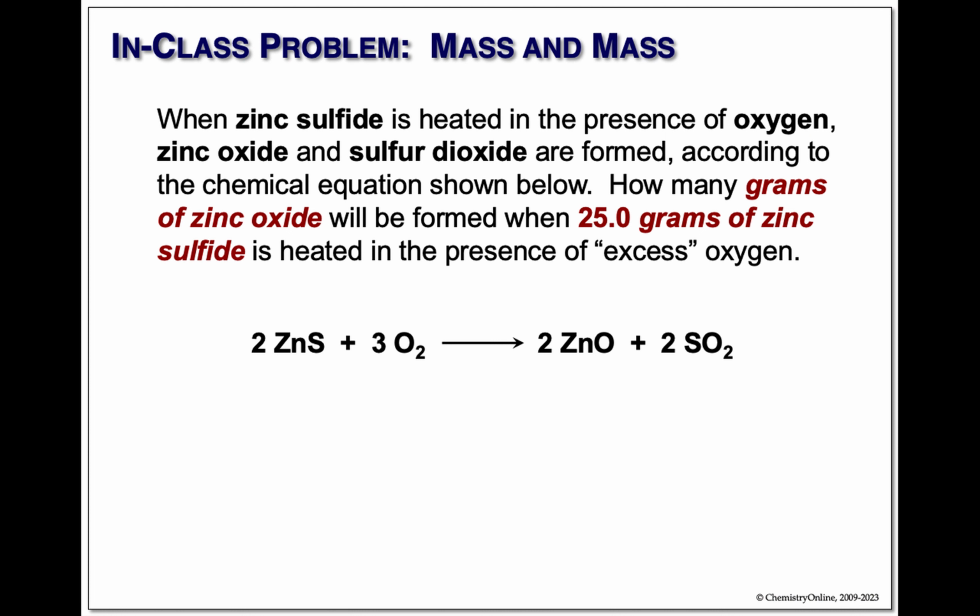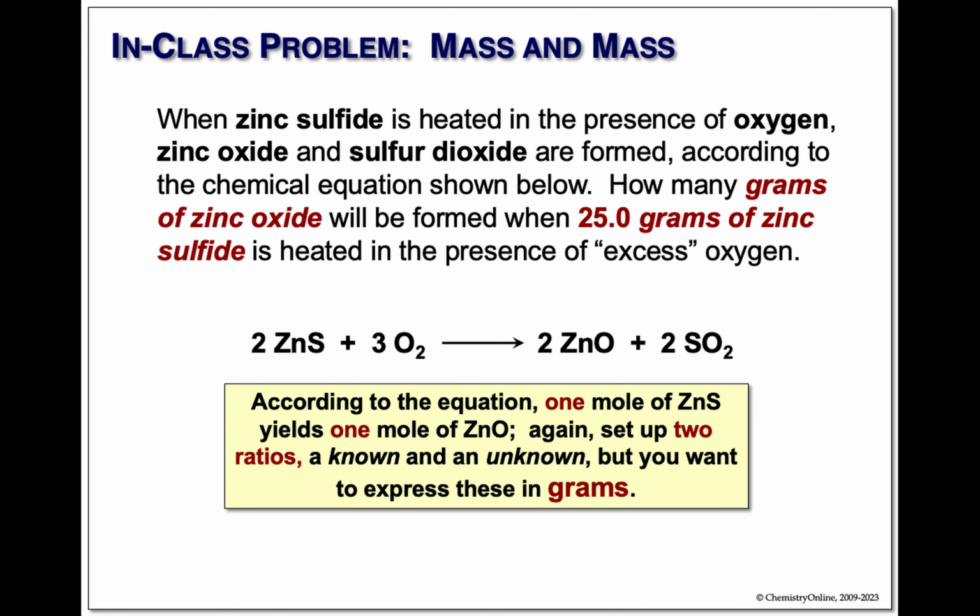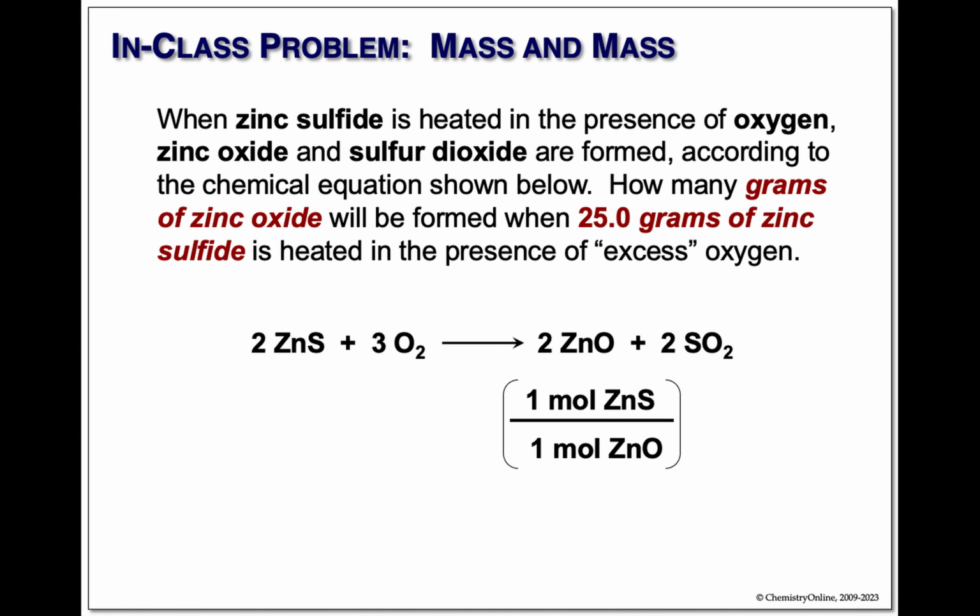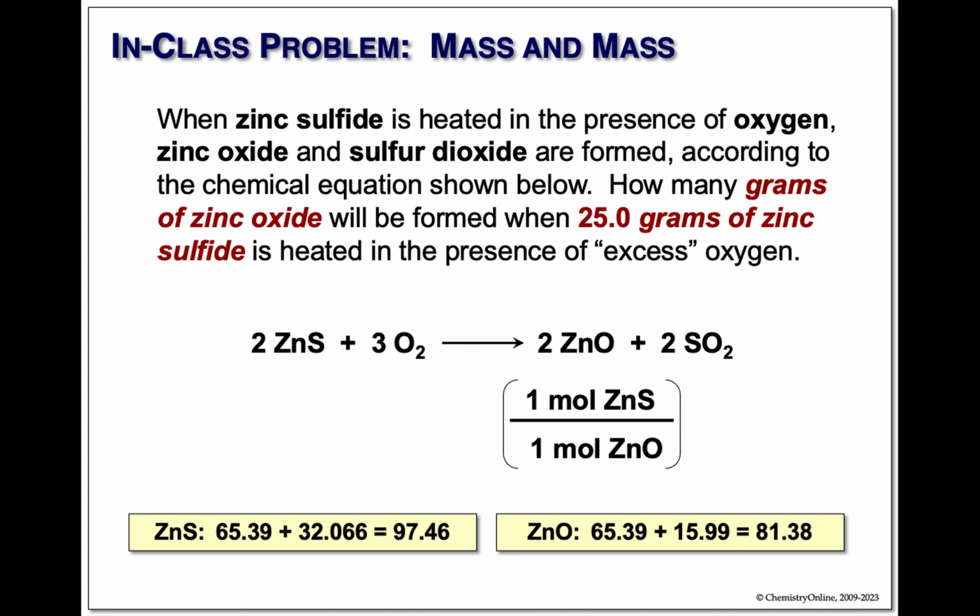We look at our equation, we're linking zinc sulfide and zinc oxide. It's 2 to 2 or 1 to 1. So we'll just leave it 1 to 1. 1 mole of zinc sulfide, 1 mole of zinc oxide. And we write it down. Now, the unknown ratio, grams of zinc oxide, are given as grams of zinc sulfide. And we stick those in after we calculate the molar masses.